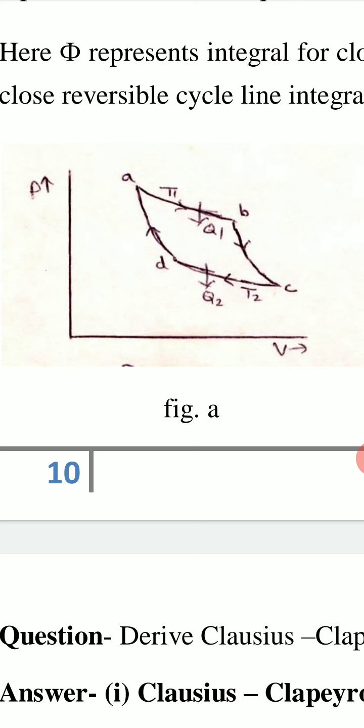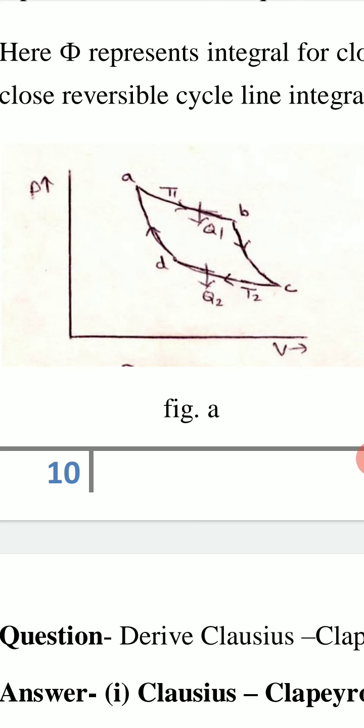So in the first process AB, which is isothermal expansion at temperature T1 degree Kelvin, working substance absorbs heat Q1 from heat source. Second process is BC, and this is adiabatic expansion. In this second process, there is no exchange of heat because it is adiabatic process. Third process is CD.